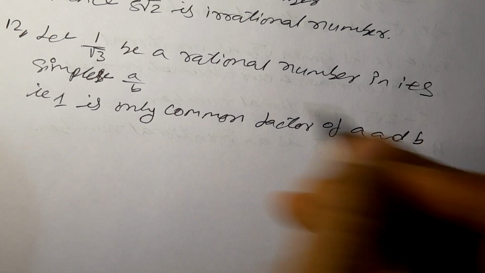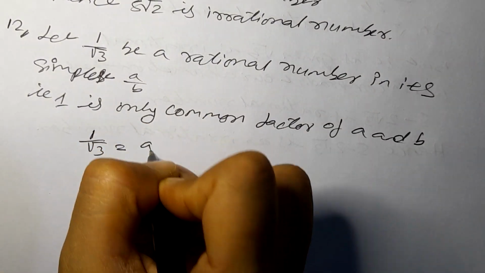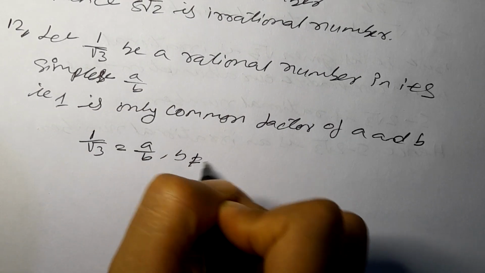So 1 by root 3 is equal to a by b, b does not equal 0.